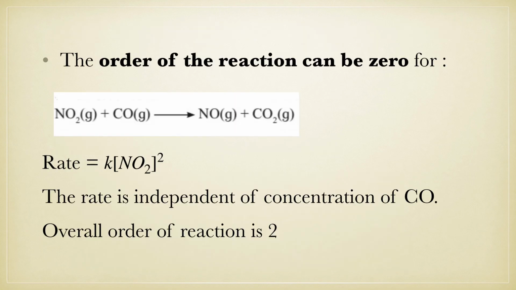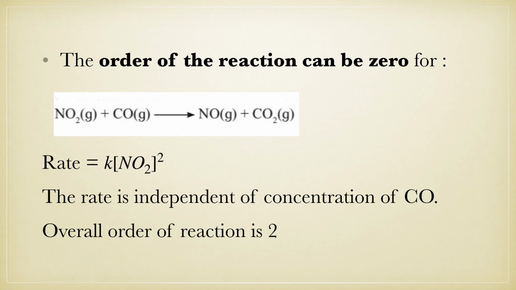Next point, the order of the reaction can be 0. So let's take an example. NO2 reacting with carbon monoxide gives NO plus CO2. Over here, the rate law is given as rate is equal to K concentration of NO2 raised to 2. So, by seeing the rate law, we can say the overall order of the reaction is 2. Okay, so that means what?